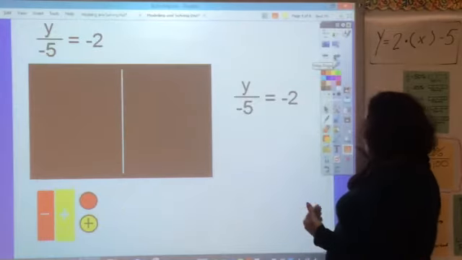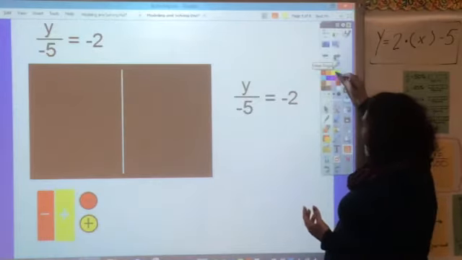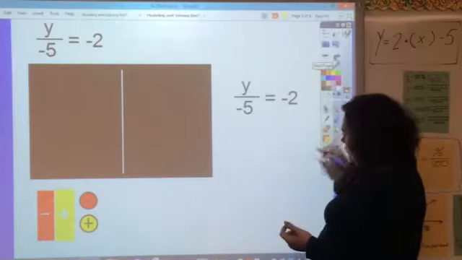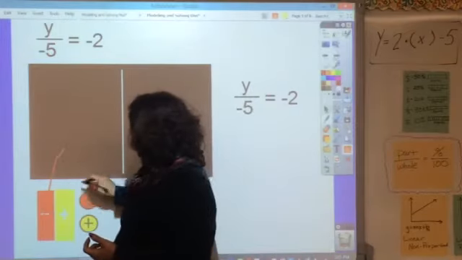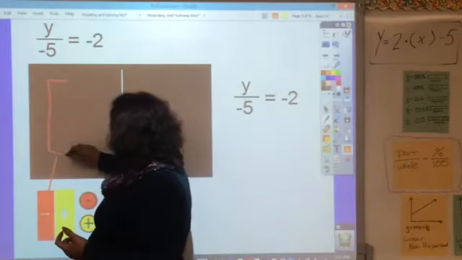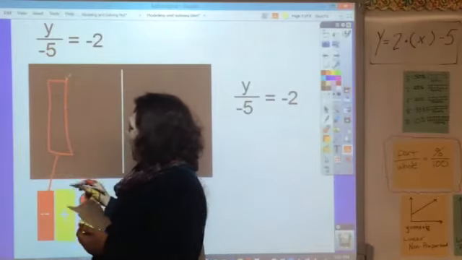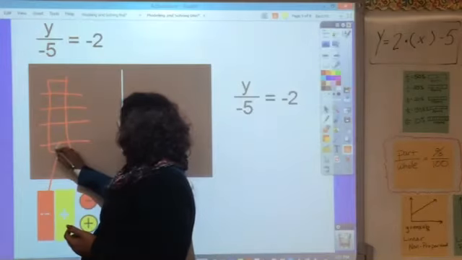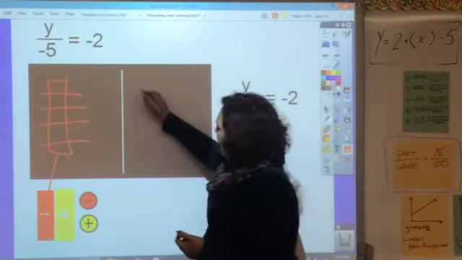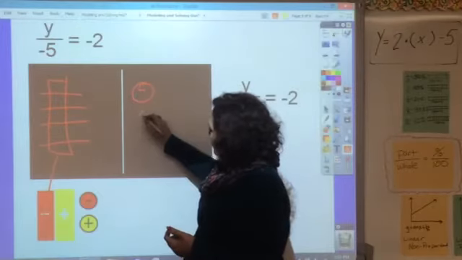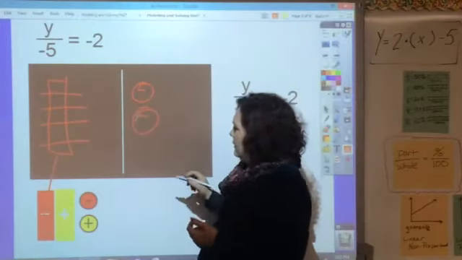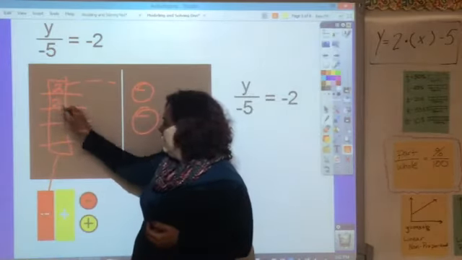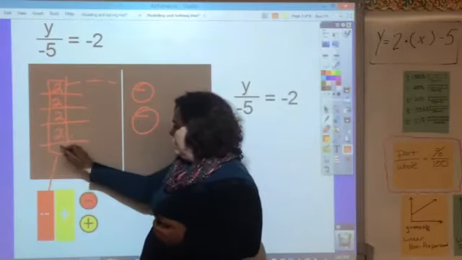So one more with the model. And so I have x divided by 5, and I have -2 over here. And so I've got 2 going in here, 2 going in here, 2 going in here, 2 going in here, 2 going in here.